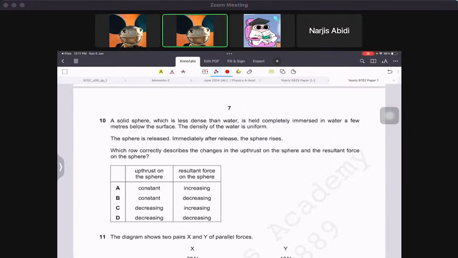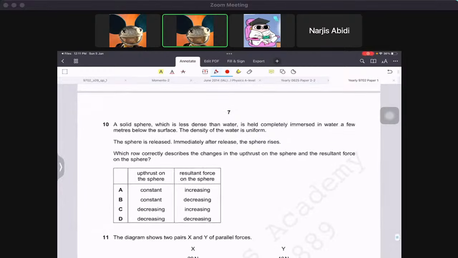Okay, so the upthrust is always constant because it is basically dependent on the change in volume, right? Which basically means that the resultant force would act when it is rising, right? So basically velocity is up, weight will be down, and drag will also act down. So slowly it will come to equilibrium, which means the resultant force will keep on decreasing till it's 0.